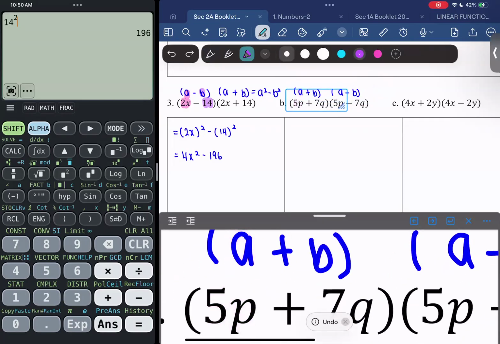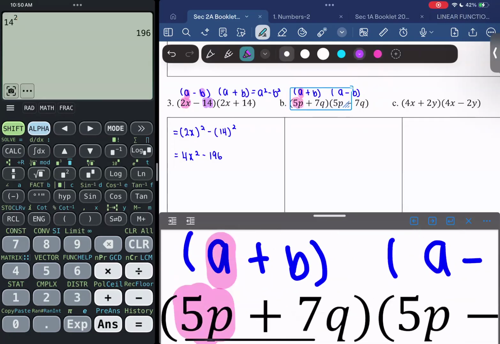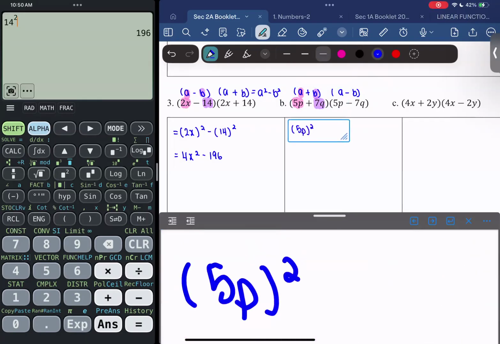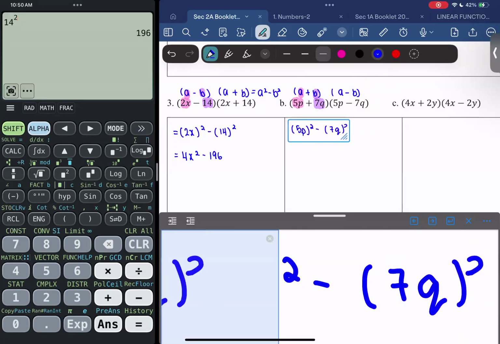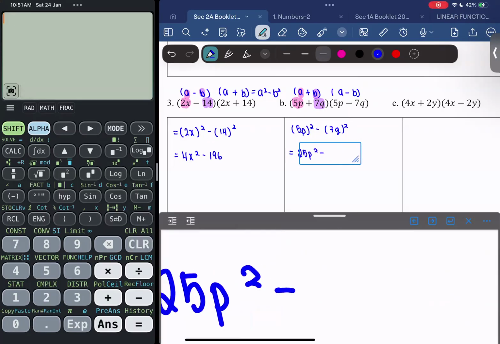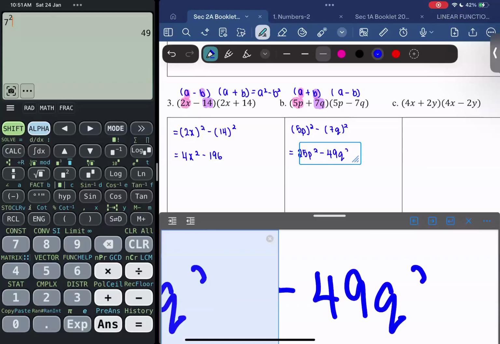A is, oh sorry, wrong color. A is 5p, B is 7q. 5p squared minus 7q squared. When we expand, what happens? 25p squared is a square, minus 7 squared, we get 49q squared.